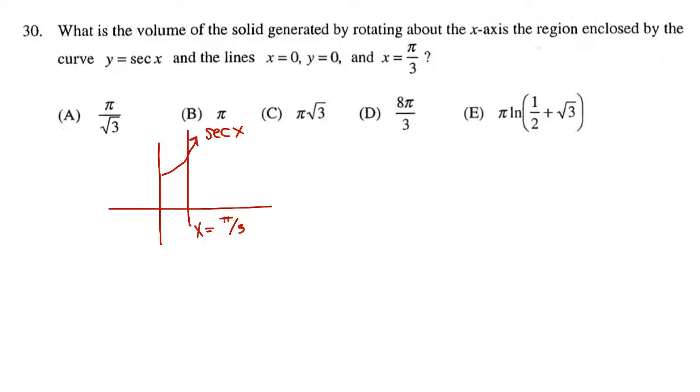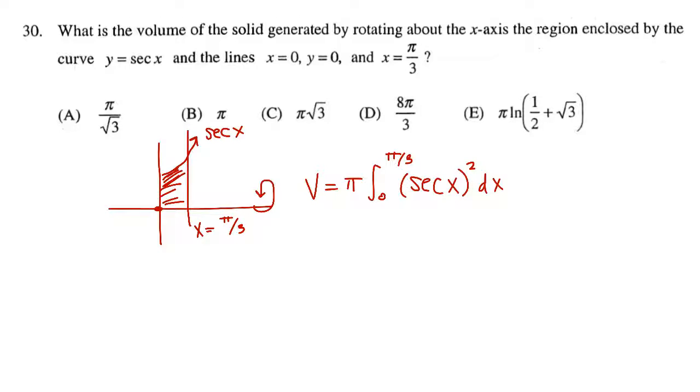And so we see that our solid is flush on our axis of rotation, so that makes it a little bit easier for us. We won't have to subtract out anything. And so our volume equals pi, and we're going to integrate from x value to x value, so from 0 to pi over 3, of our function, which is secant x squared dx.